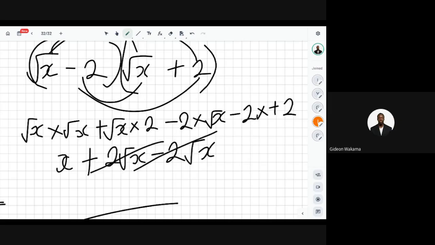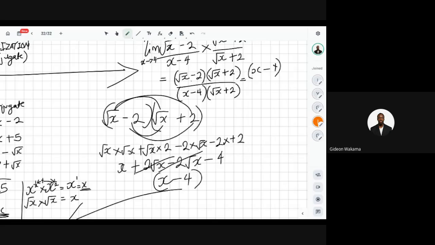It's just like saying 0. And then minus 2 times 2 is 4. So we have x minus 4. This is how we express it, by the difference of two squares. Okay?